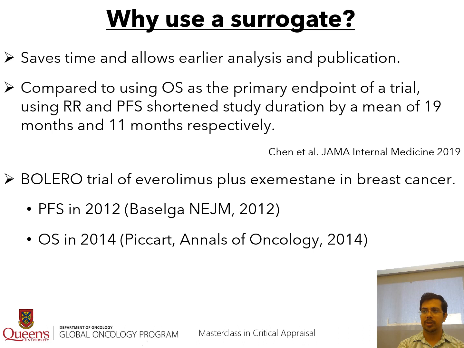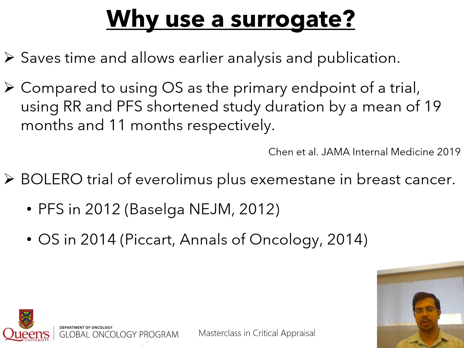But an important question is, how much exactly are we saving in terms of time by using surrogate endpoints in place of overall survival? And this question was somewhat answered in 2019 in this JAMA Internal Medicine paper, in which they showed that using response rate instead of overall survival would shorten the study duration by a mean of 19 months. And using PFS instead of OS reduced the trial duration by an average of 11 months. So there is some time saving.